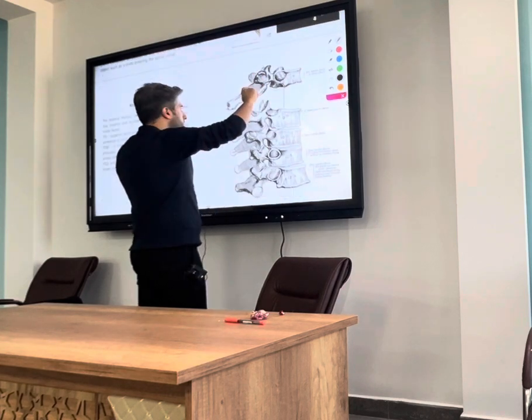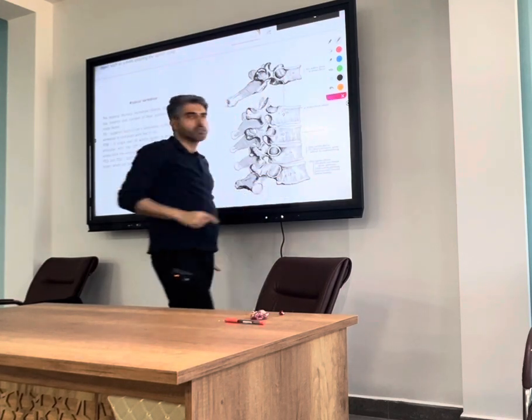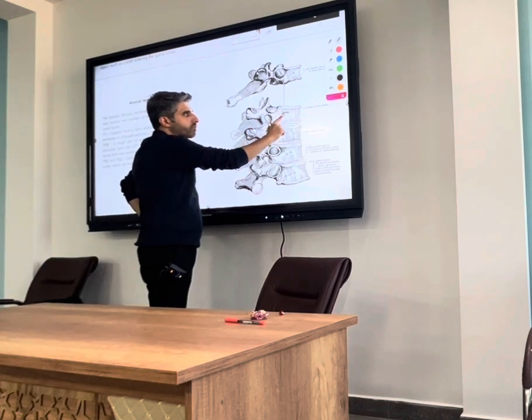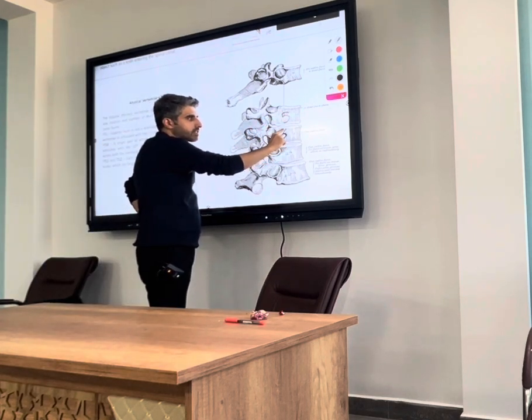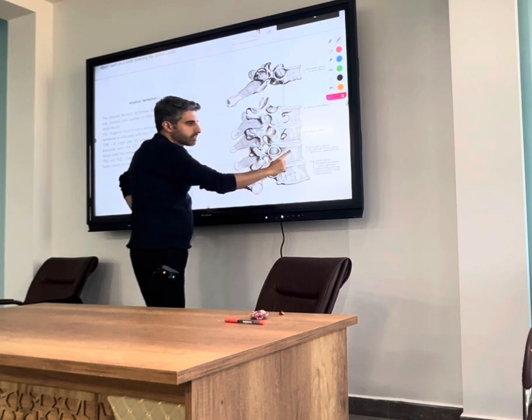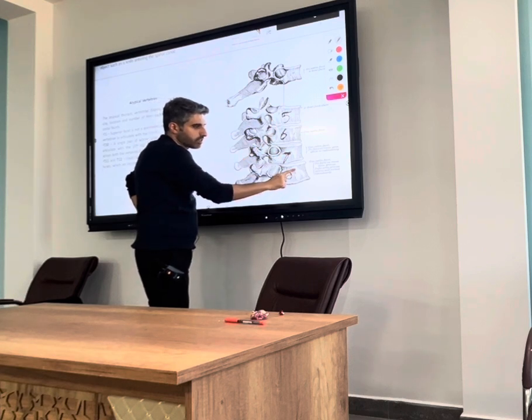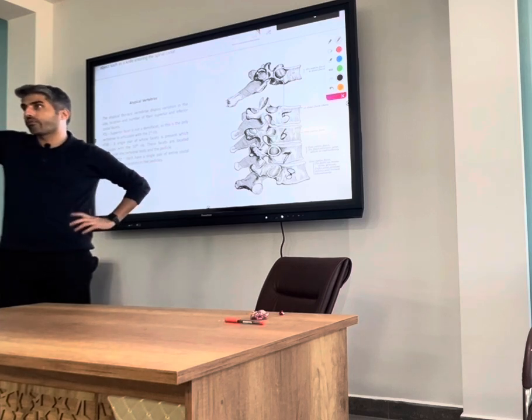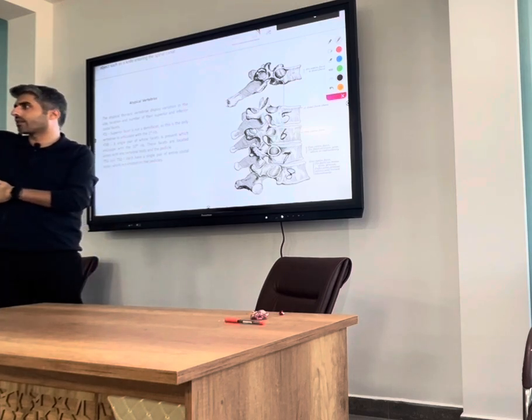Look at here, for example. Rib attached to the T. This is T5, for example. This is T6. 5, 6. This is 7, 8. Rib number 5, rib number 6.